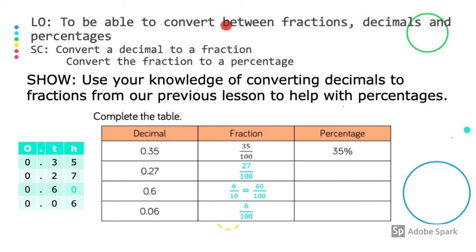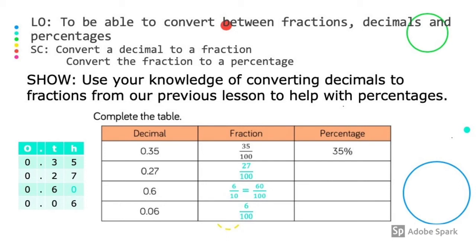Let's look at 0.6. Now 0.6 only has a digit in the tenths column. Therefore, we would put the 6 over 10. 0.6 has the value of 6/10 as a fraction.